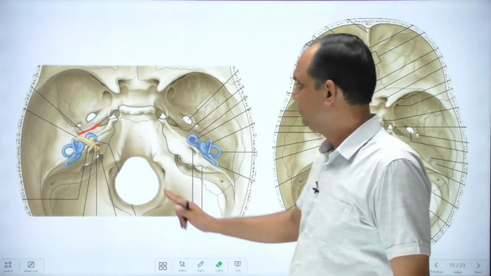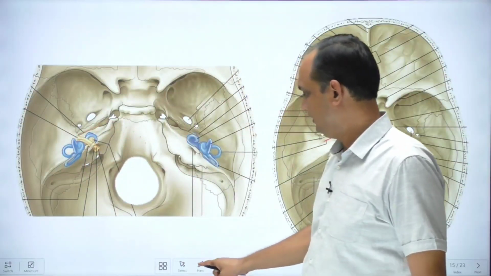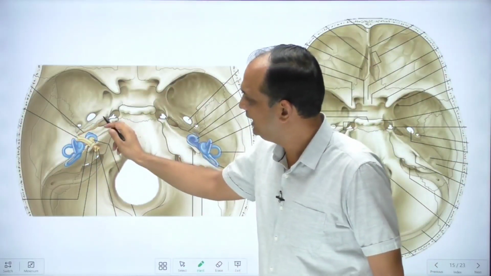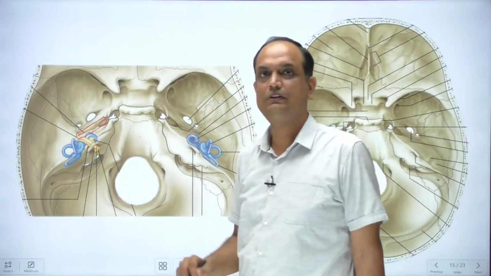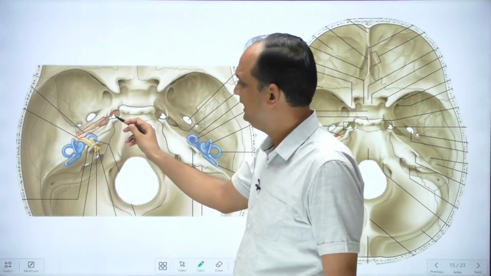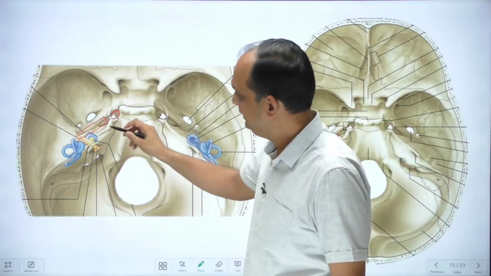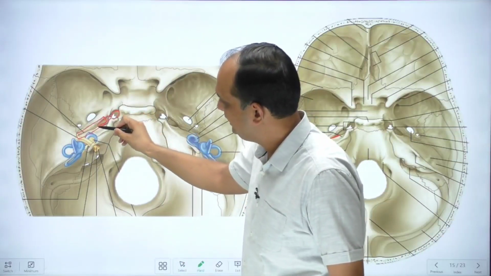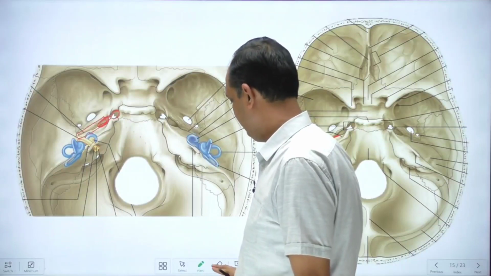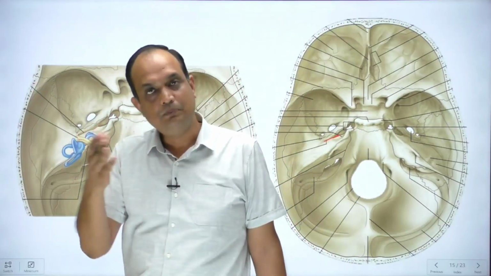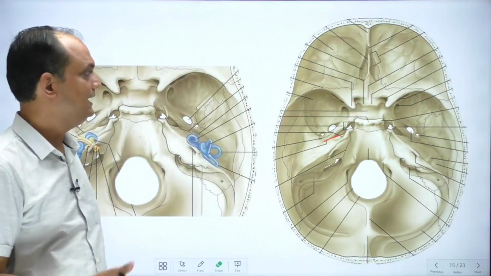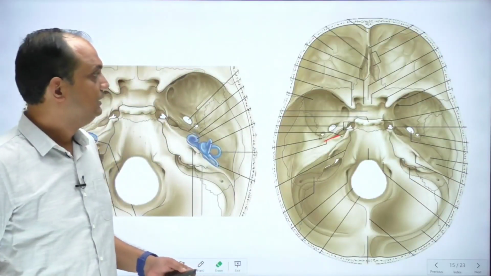In this diagram you can first appreciate the yellow color line, and this yellow color line is your greater petrosal nerve. Now this greater petrosal nerve is going towards the foramen lacerum. Clear? And this is your area of trigeminal cave. Now in the area of trigeminal cave, when this nerve is passing, it lies below the ganglia.